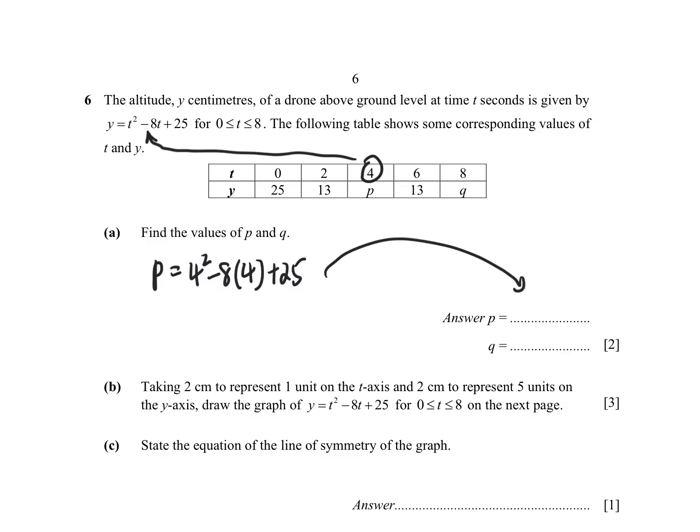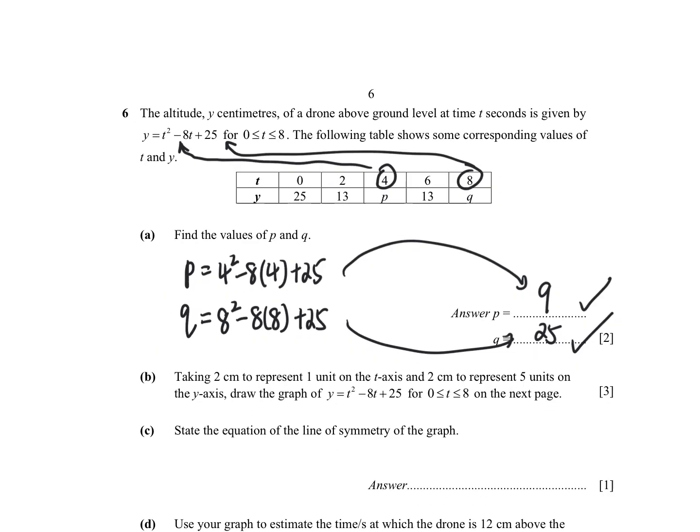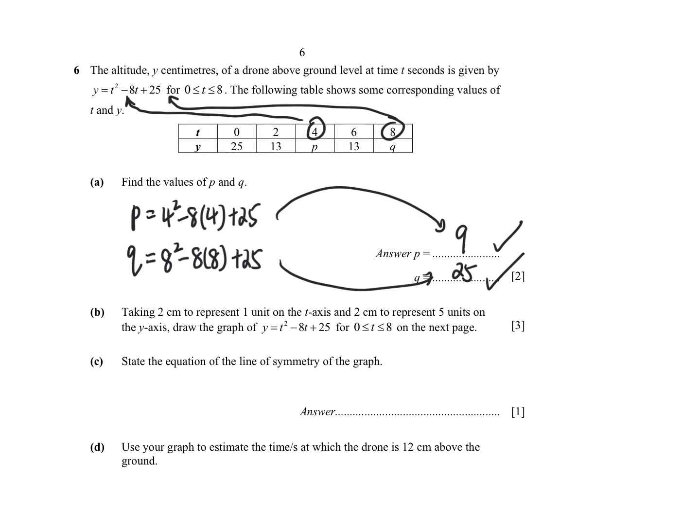First answer you get here 9. 1 mark. 3 marks, please take. Next one, sub in t as 8. So q will be 8 square minus 8 times 8 plus 25. You will get 25. Second mark. So calculate properly. Just pressing calculator only. Next one. They say on the axis.